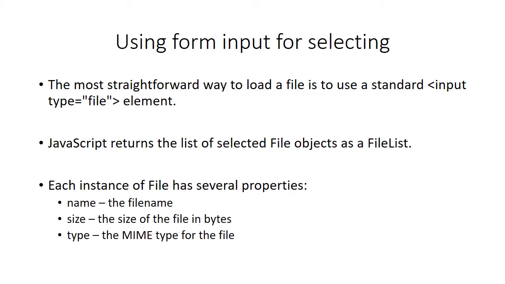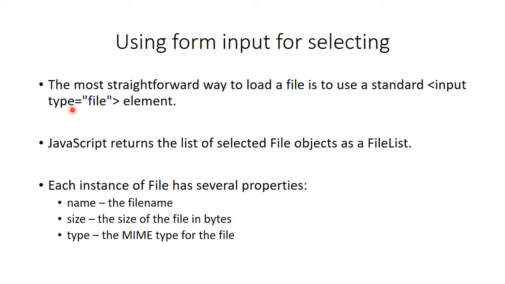Now, how to input a file. The most straightforward way to load a file is to use the standard input type equal to file element. We know this input element from before. We have seen it when we designed buttons, where the type attribute was given as button.